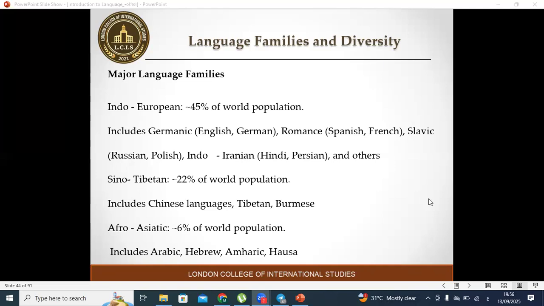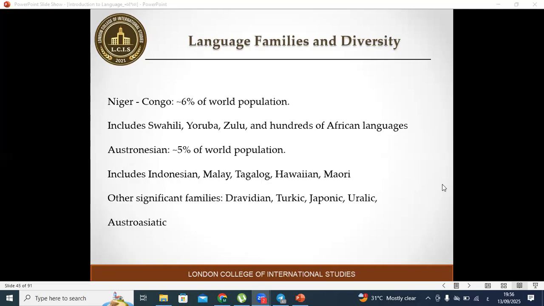Afro-Asiatic, 6% of world population, includes Arabic, Hebrew, Amharic, and Hausa. Niger-Congo, 6% of world population, includes Swahili, Yoruba, Zulu, and hundreds of African languages.